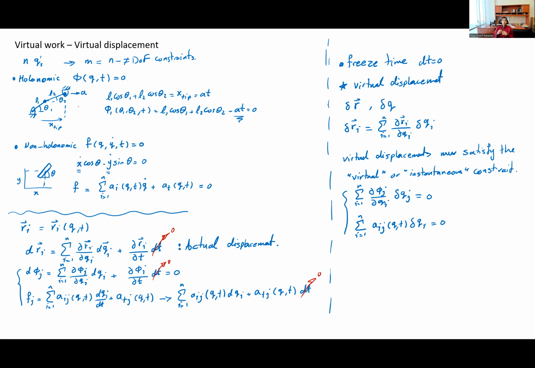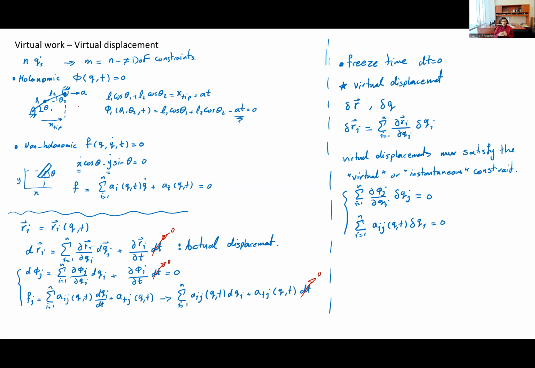We like to work with virtual displacements as opposed to actual displacements in analytical dynamics, because virtual displacements capture how the internal mechanics of whatever system we are dealing with is set up, as opposed to including external effects.